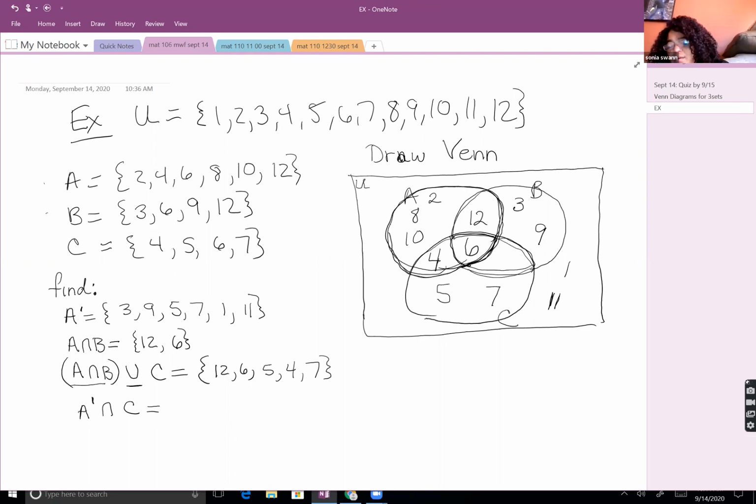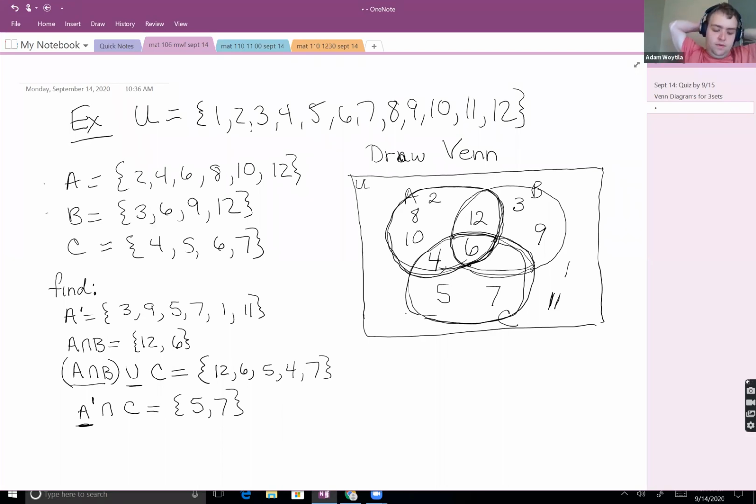It would be inside of A, and we only want what's outside of A but inside of C. 5 and 7. Can everybody see that from the diagram? We're looking outside of the loop for A, but inside the loop for C.